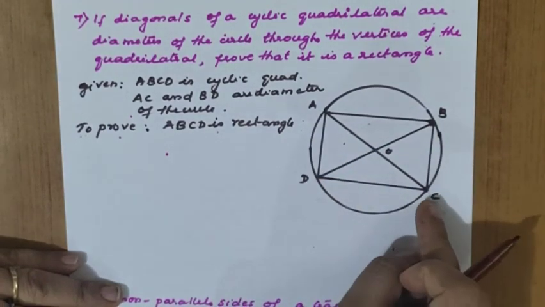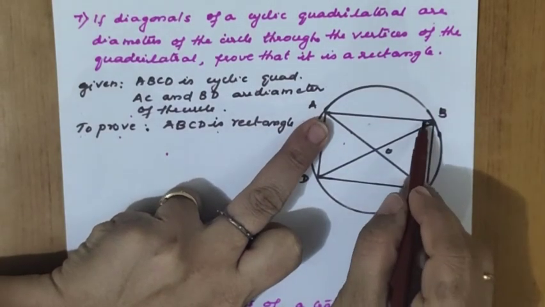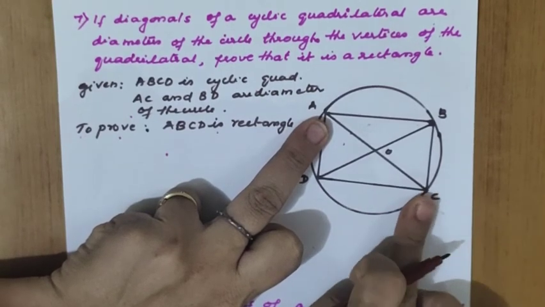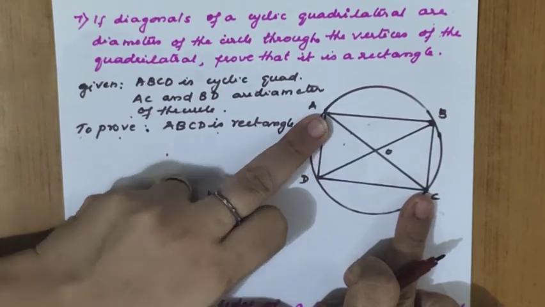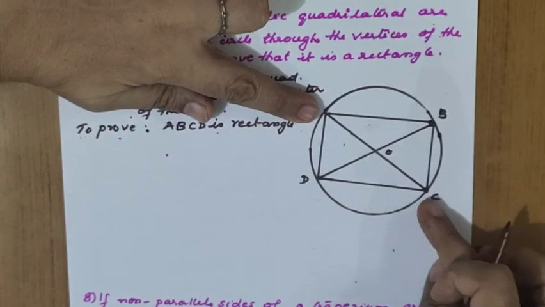So when we say that AC is a diameter, what about angle ABC? Angle ABC is formed in the semicircle, right? AC is the diameter, angle ABC is formed in the semicircle. Similarly, on the other side, what is the angle formed? Angle ADC.